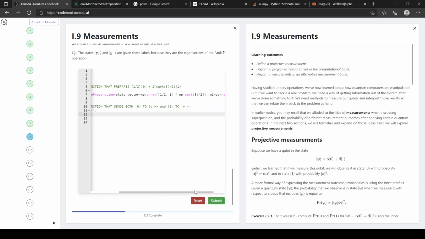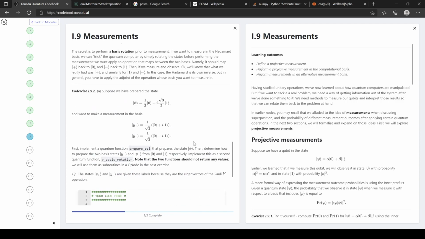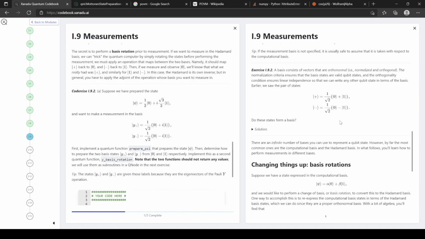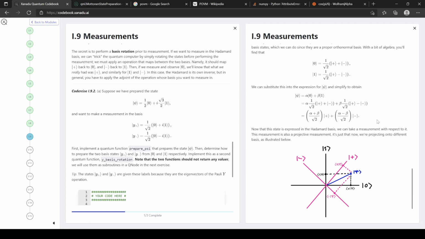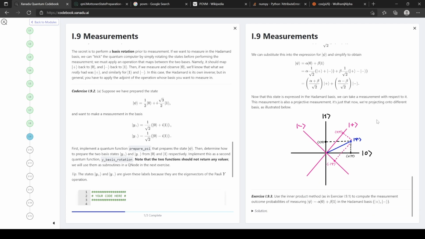that sends both 0. Okay, so now we want to map them to the y basis. So we can do that by mapping it to the x basis and then rotating around the z-axis, I believe.